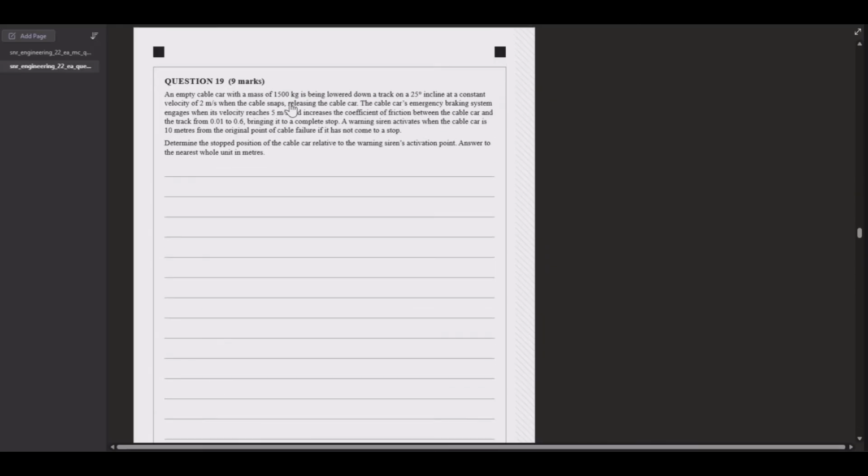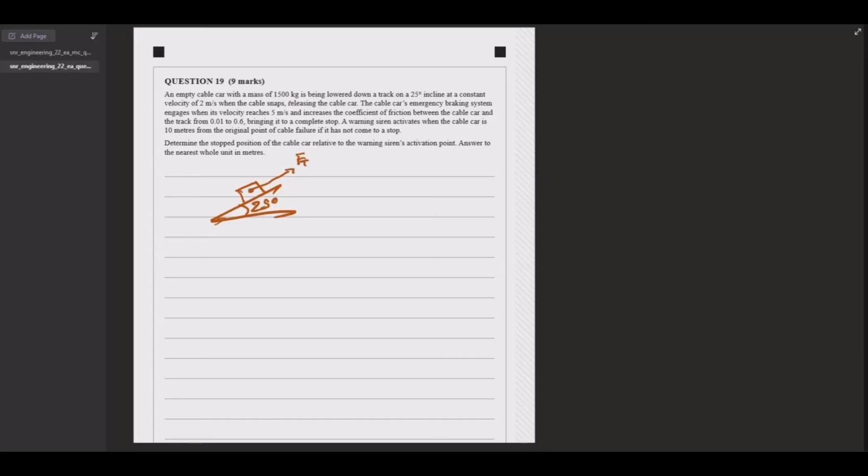Okay, what's this? We have an incline of 25 degrees. And we have tension force here. Constant velocity. So there's a constant velocity when it's being lowered, which means that if we say this is FF, FF is going to be mg sine theta minus mu cos theta.